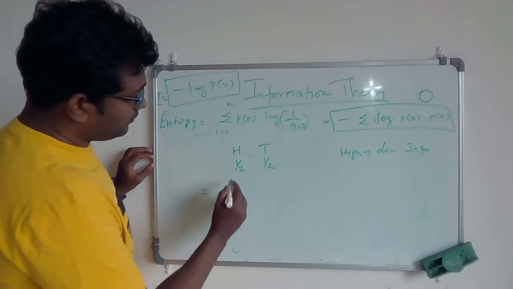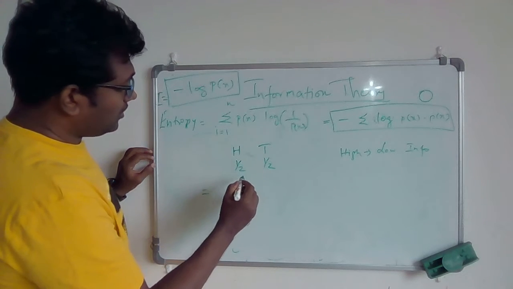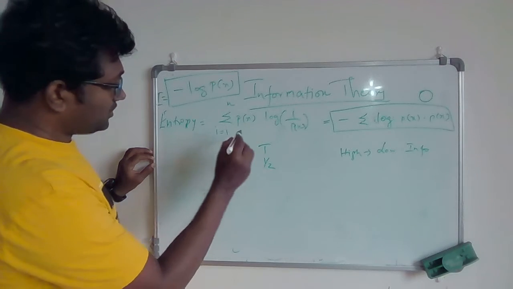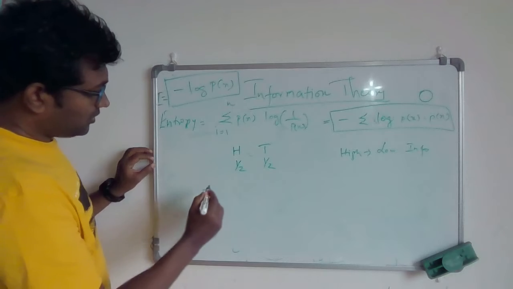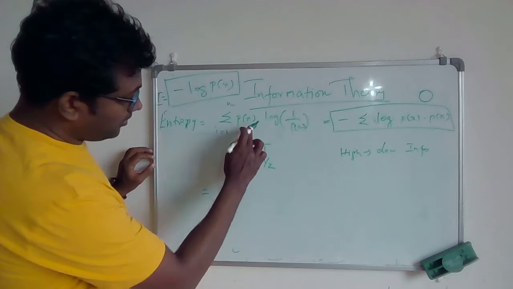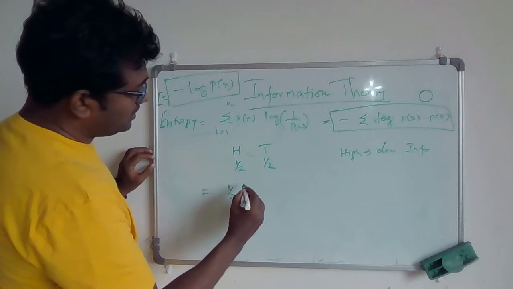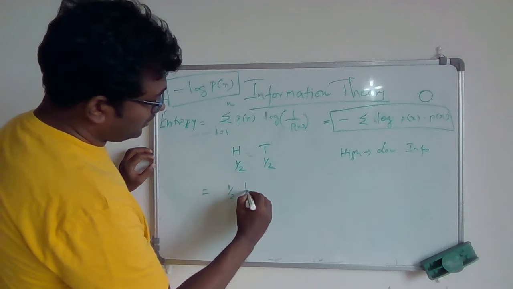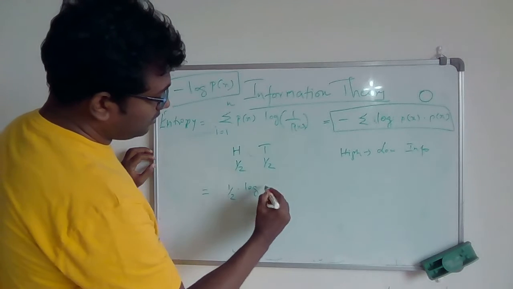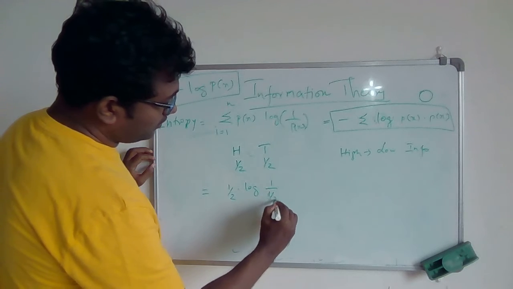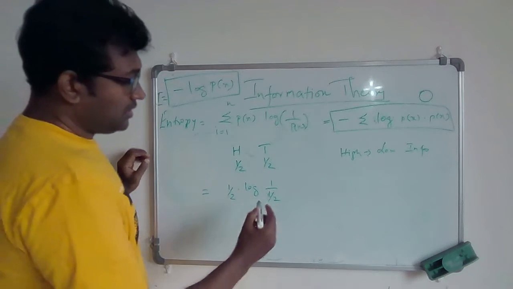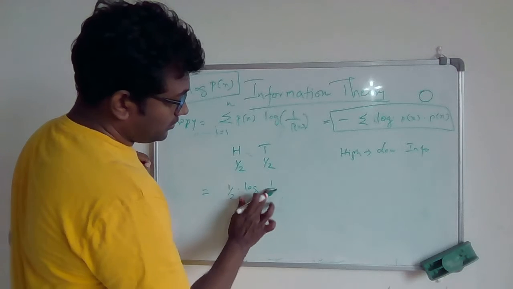To find the entropy, the average information of a coin which is not biased, entropy becomes probability of heads into log of 1 by probability of heads, that is 1 by 1 by 2, or you can write it as 0.5.